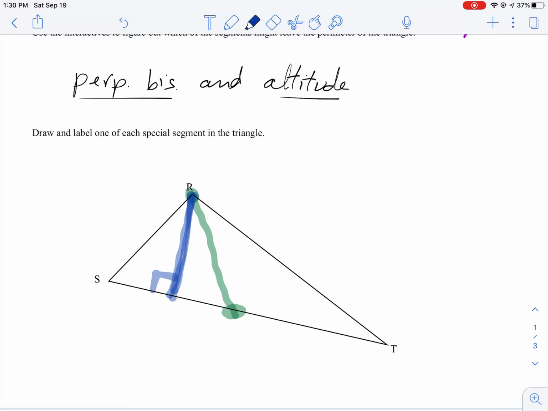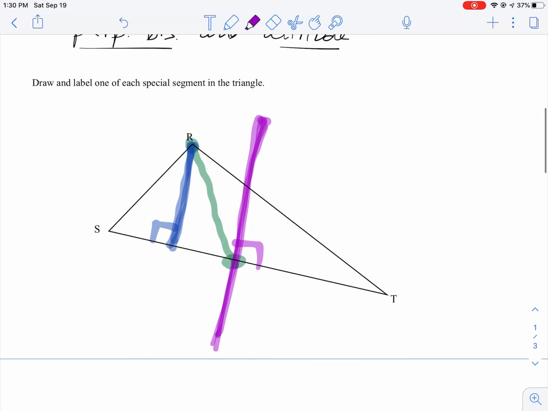And finally, purple is my color for perpendicular bisectors, and it is perpendicular to and bisects a side. So that purple one is a perpendicular bisector. So if you want to write in each one of those, the purple is the perpendicular bisector. The green is the median, passes through a vertex to the midpoint. And the blue is an altitude. Okay, right angle with an opposite side passing through a vertex.